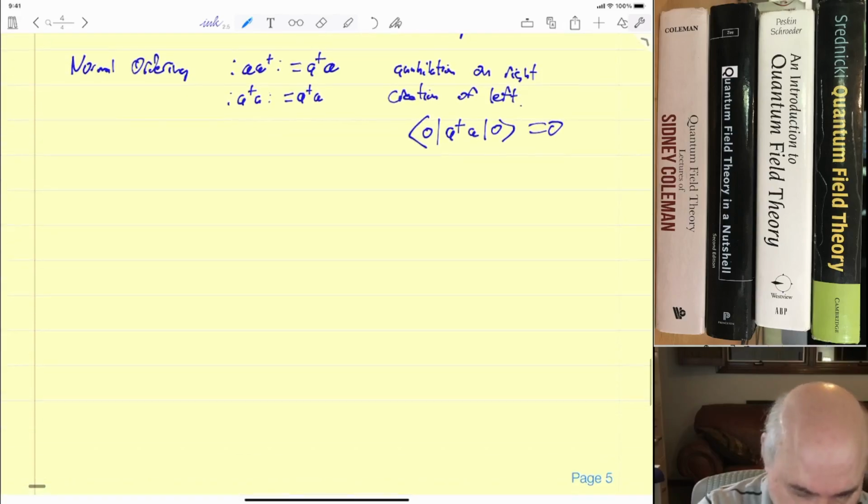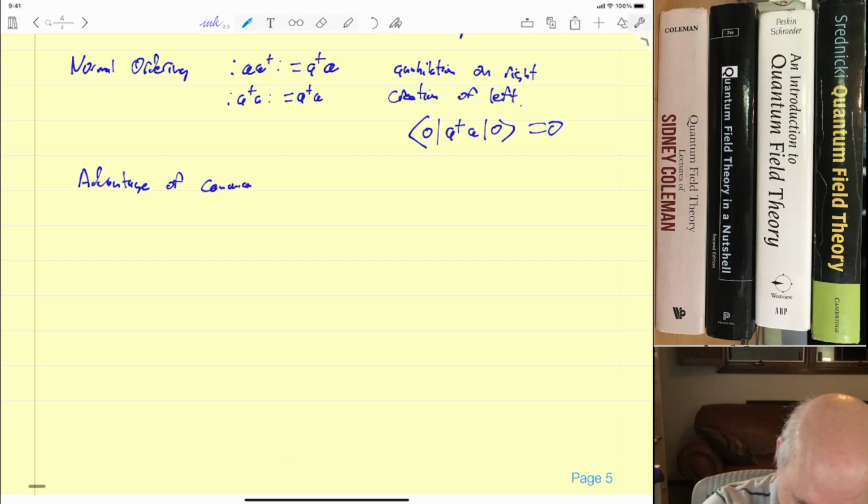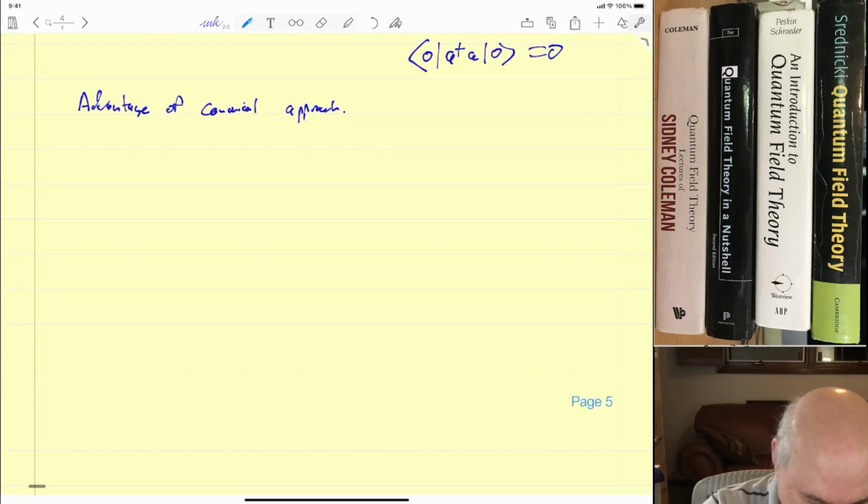So, at the end of this, I just want to mention, what's the advantage of this canonical approach? There are other approaches. There's the Feynman path integral. There's the Fock space ground-up approach that we did earlier.